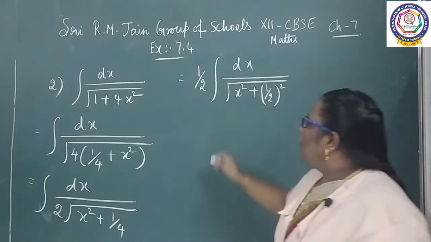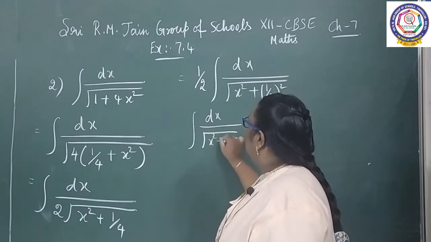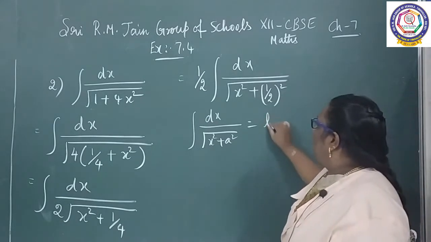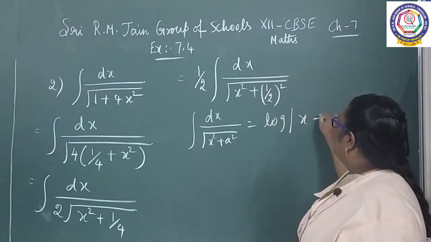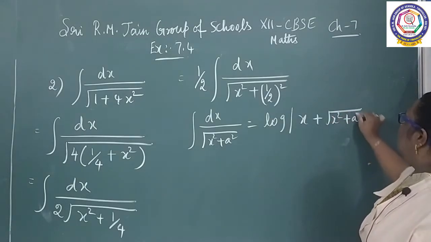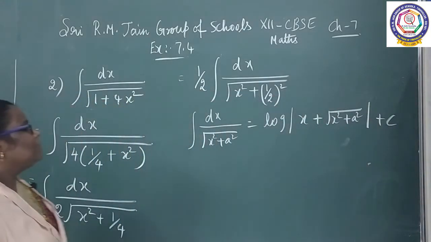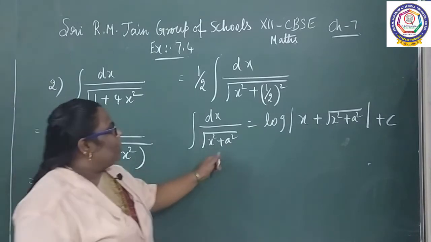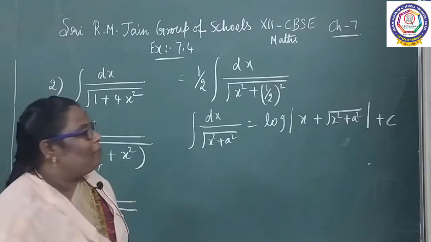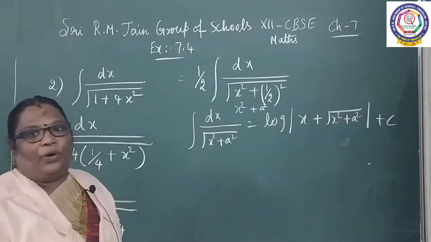What is the formula for this? Integral dx by root of x square plus a square equals log of modulus of x plus root of x square plus a square plus c. So this is x square, this is a square.